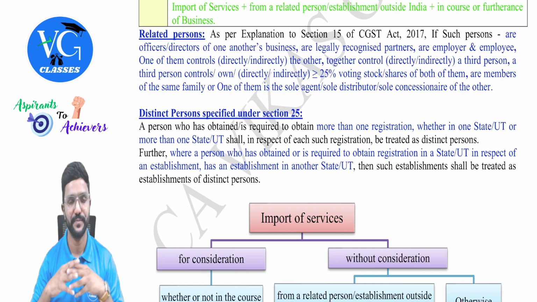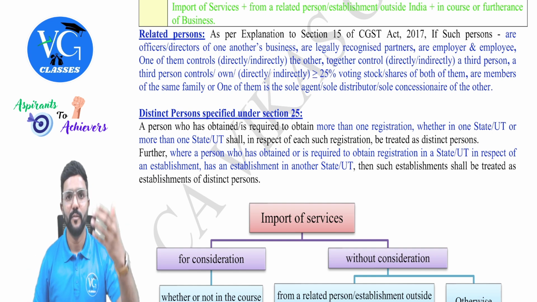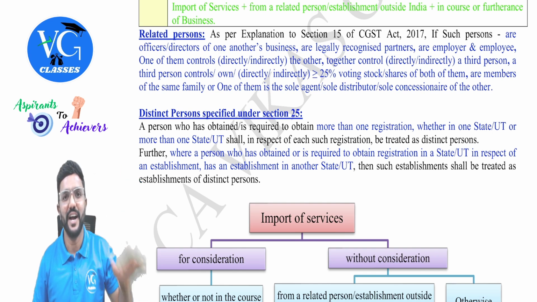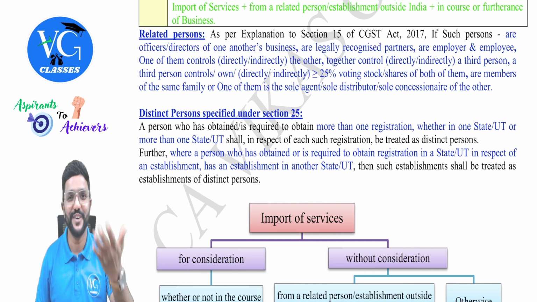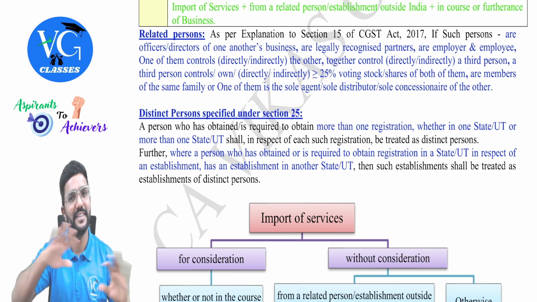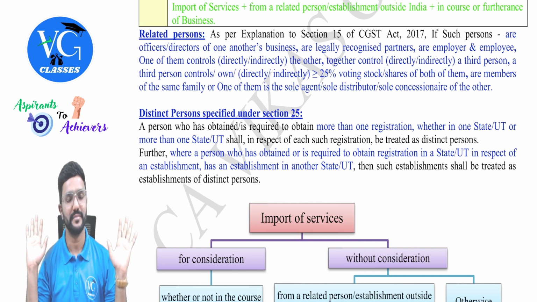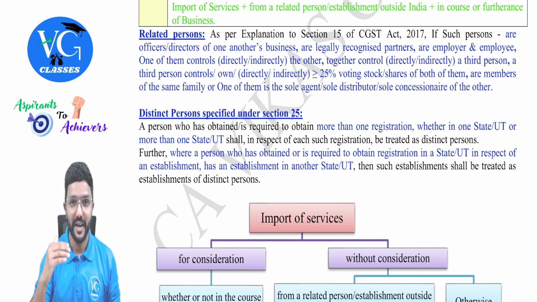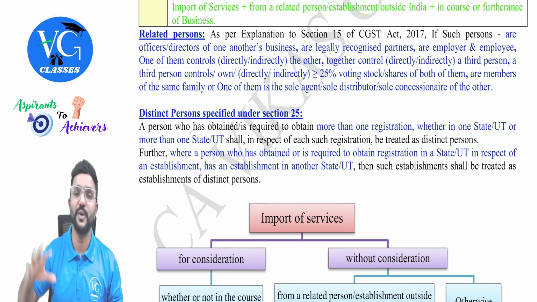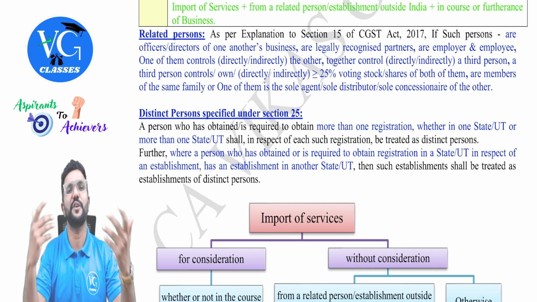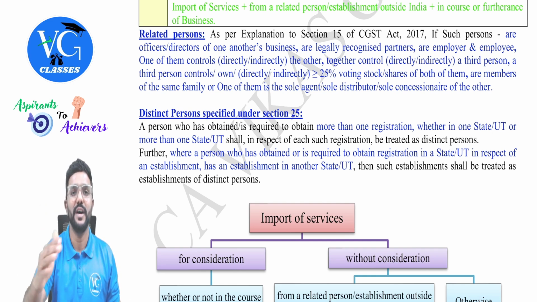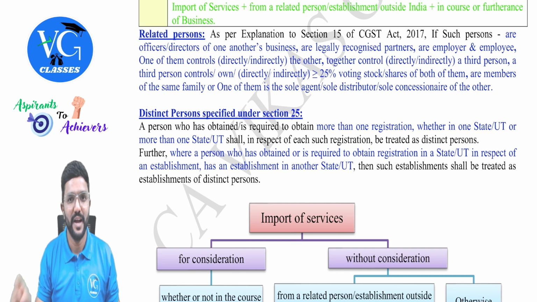We both are related. Or else assume both of us are controlled by our institute. Are we all three related? Yes, we all three are related. Next, assume you and I, along with your friend, are together controlling a third person. Are we three related? Yes.